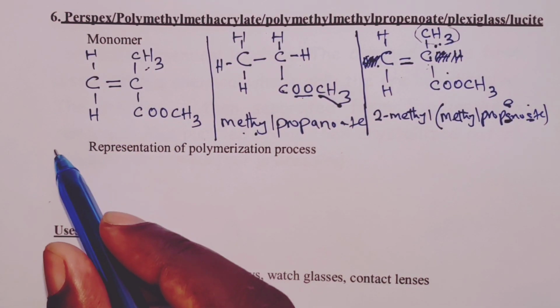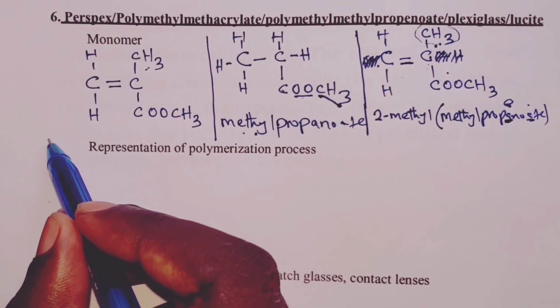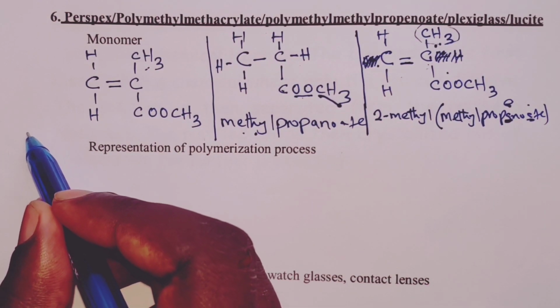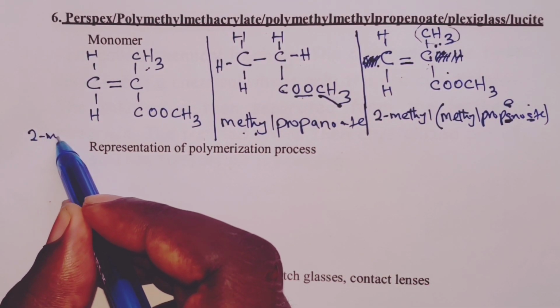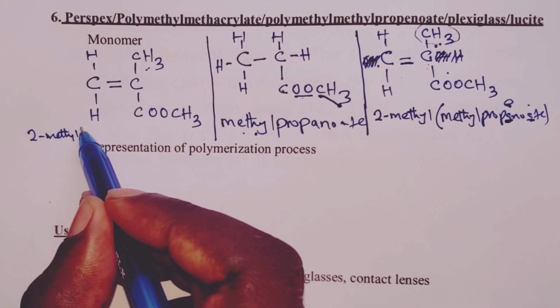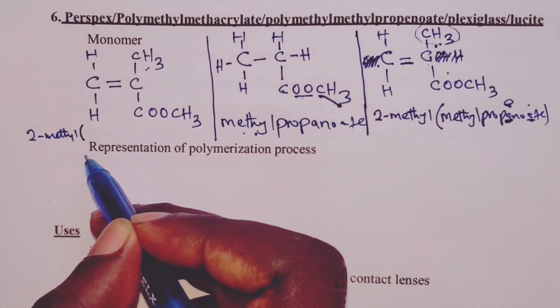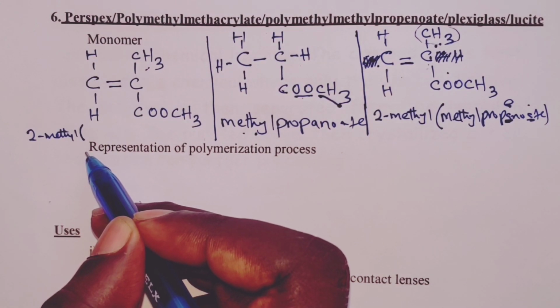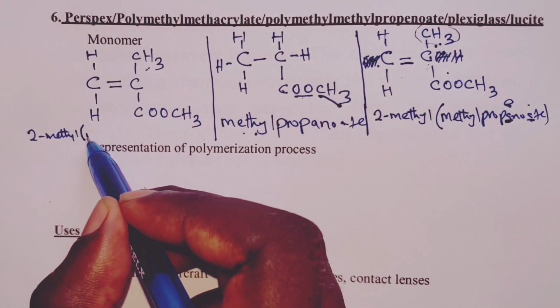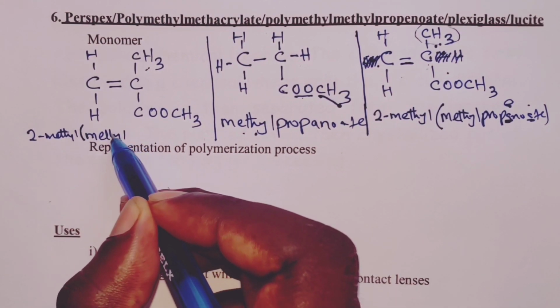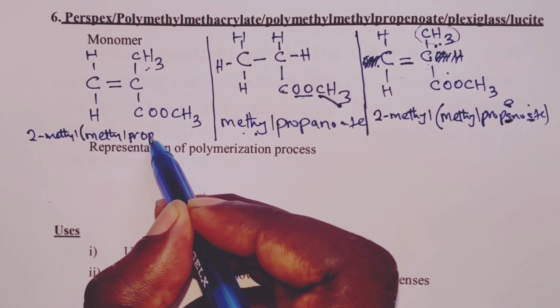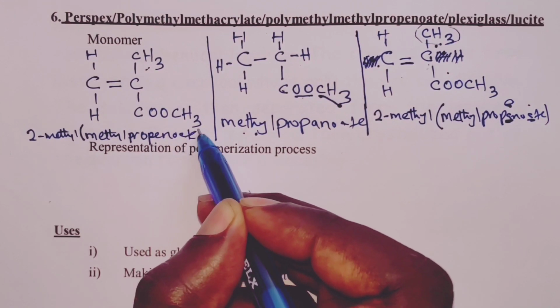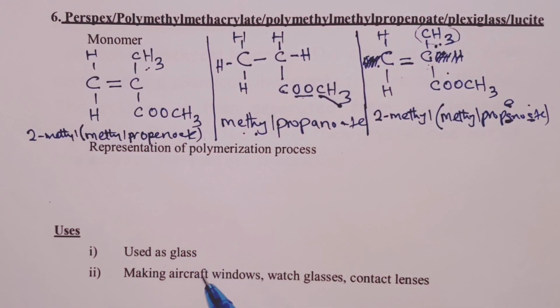So finally we can agree that the monomer for our polymer Perspex is actually 2-methyl, then we have a structure that looks like an ester but has a double bond that we call methyl propenoate. That becomes the name for our monomer, 2-methyl methyl propenoate, which others call methyl methacrylate.